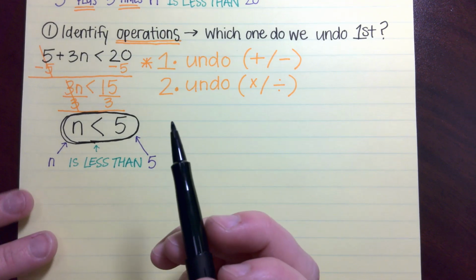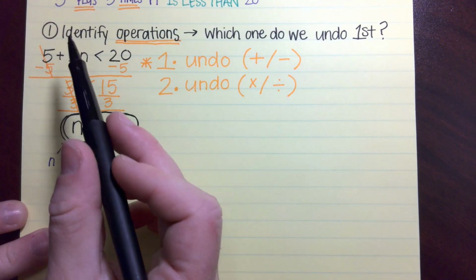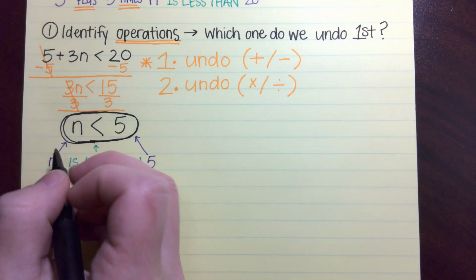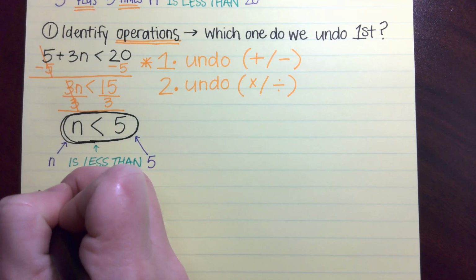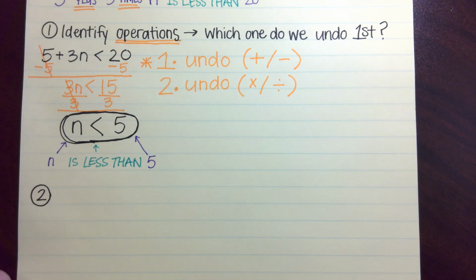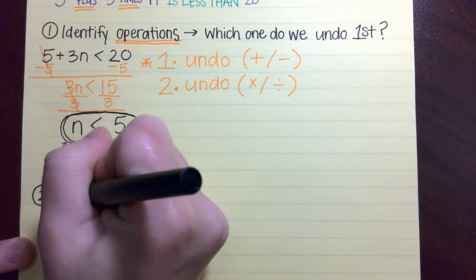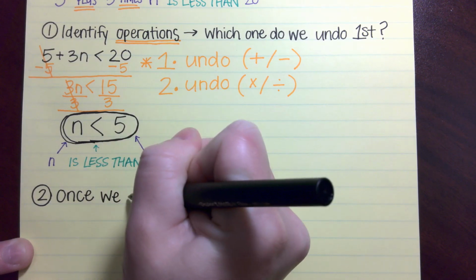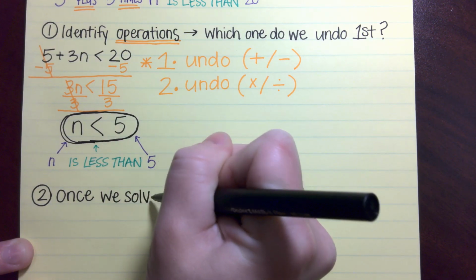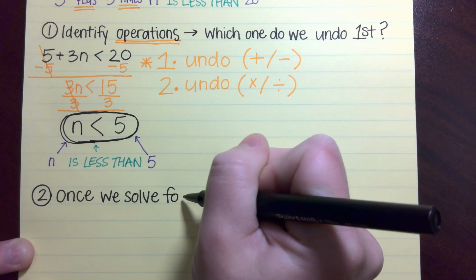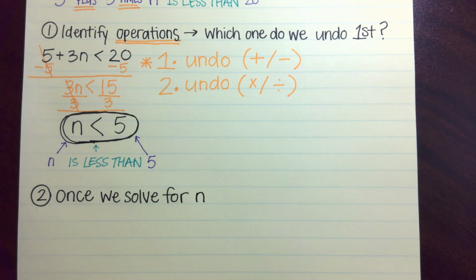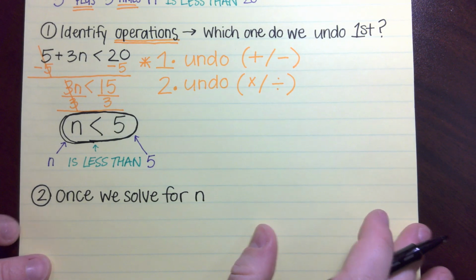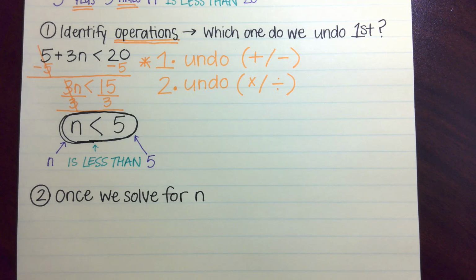I'm going to start writing step 2, but take your time if you're still writing. Step 2. Once we solve for n, and if anybody is struggling to keep up with writing all these words, I'm happy to make copies of this after class.